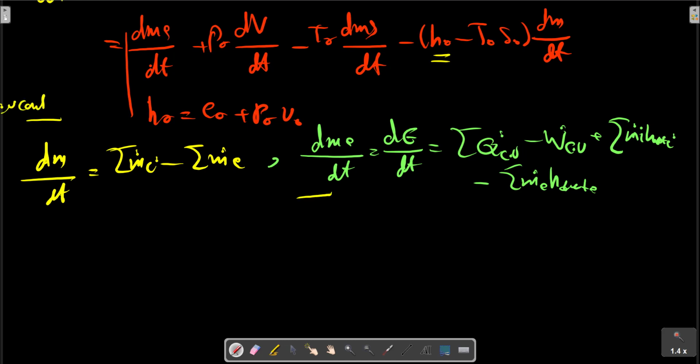Continuity, reversibility, first law, and also from the second law we have dS on dt.